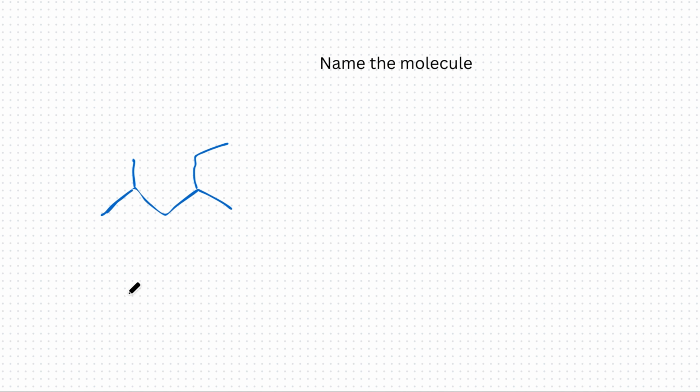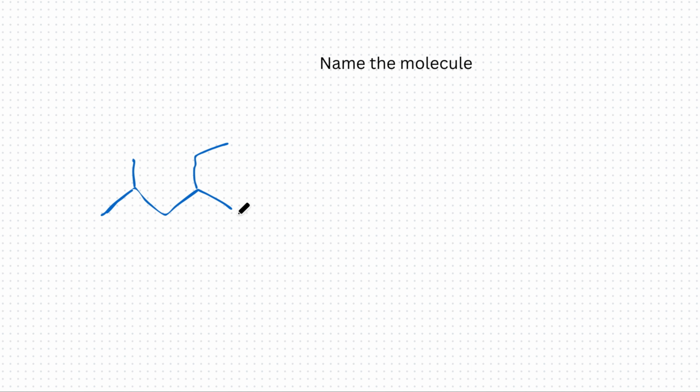I've changed the molecule up a little. How do we start naming this? This is where it gets a little tricky. We start with the substituent where its first letter is first in the alphabet. We name it alphabetically.